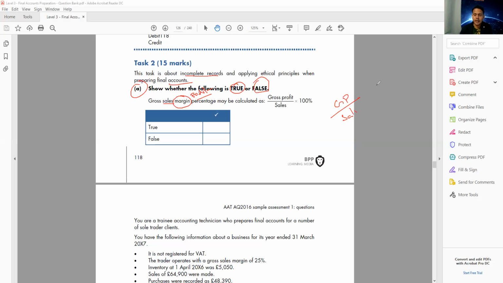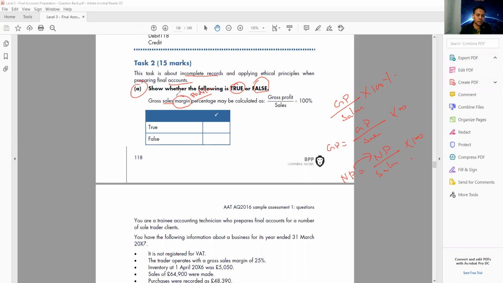And 100 represents the percentage, that's why I multiply by 100. So the formula will be GP divided by sales times 100. If someone asks you for the formula for the net profit, then NP will be on the top, sales on the bottom, times 100.